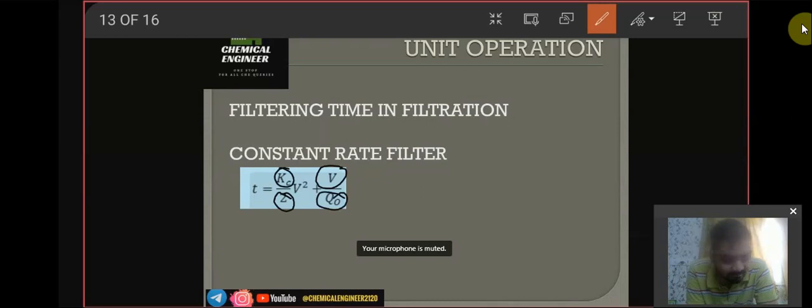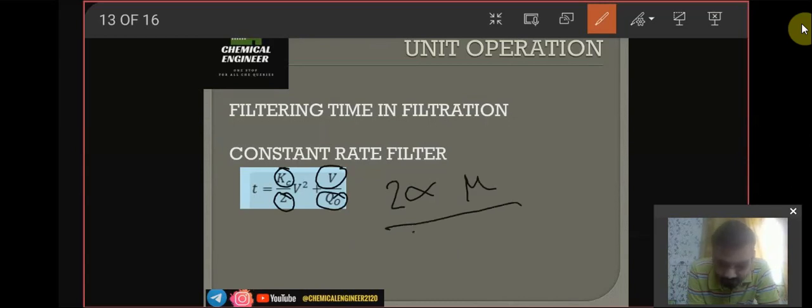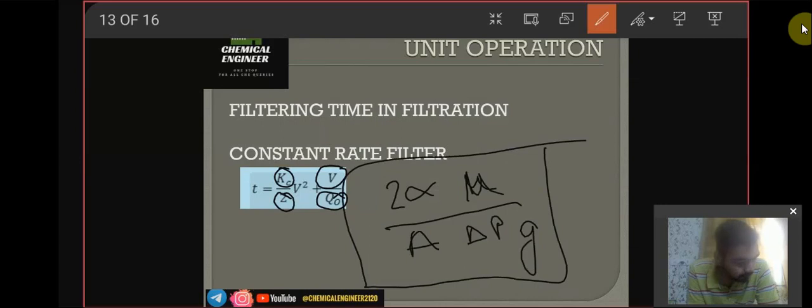Kc is given as 2 alpha mu divided by A into delta P into G. So this is how Kc is given. We derive this formula, and this derivation is already given in that filtration video link, so you can directly watch it from there also.